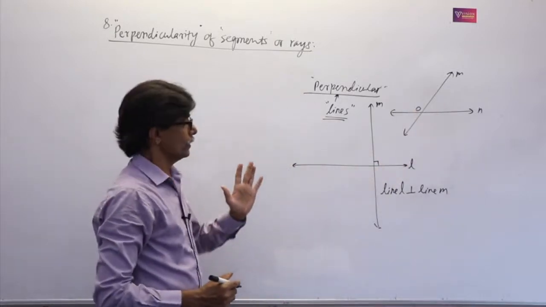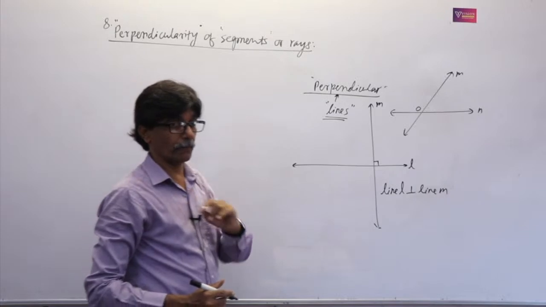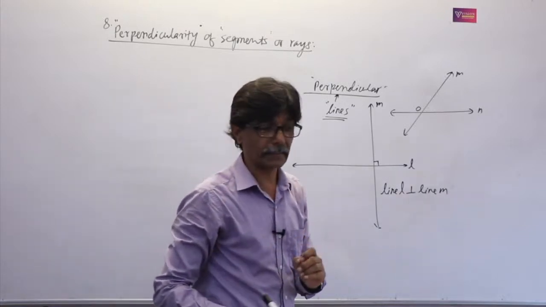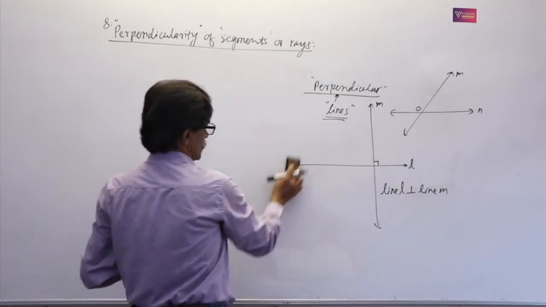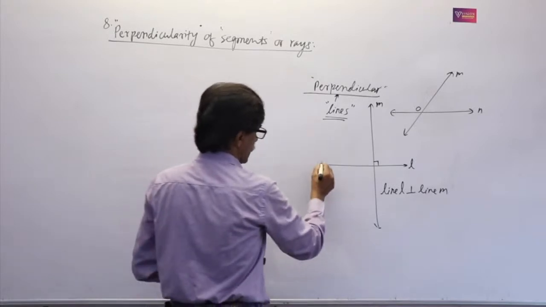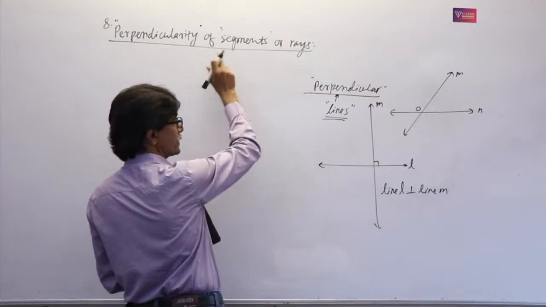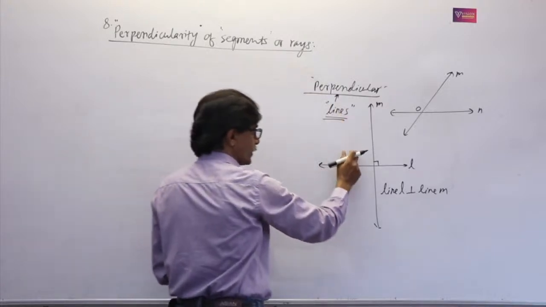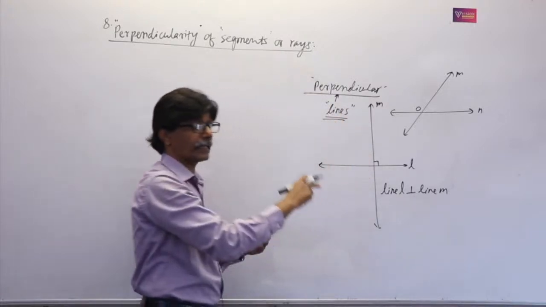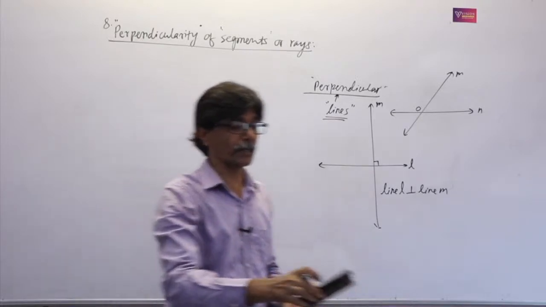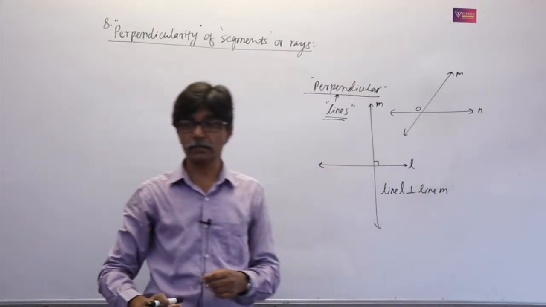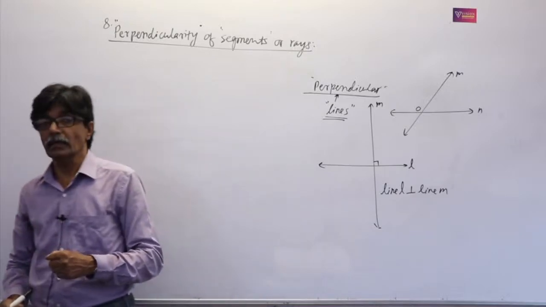Any doubt? And one thing is to be remembered always, lines are never bisected, don't use that word. This definition of lines we have to use in the perpendicularity of segments and rays. So this is the definition of perpendicular lines: lines are perpendicular if they intersect each other at right angle or 90 degrees.